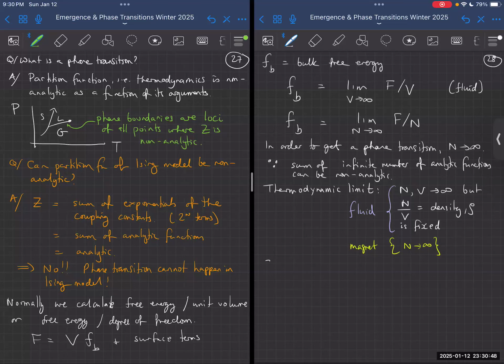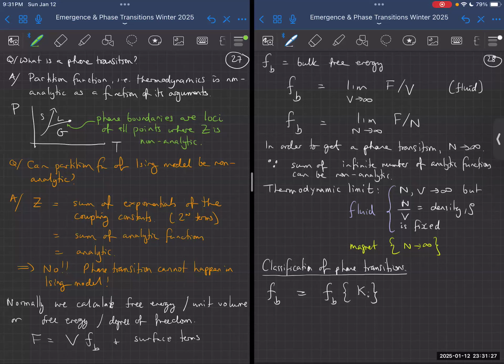Okay, so now let's talk about the classification of phase transitions. So I'm going to be talking about the bulk free energy, FB, and that we know is going to be a function of all the coupling constants in the system.